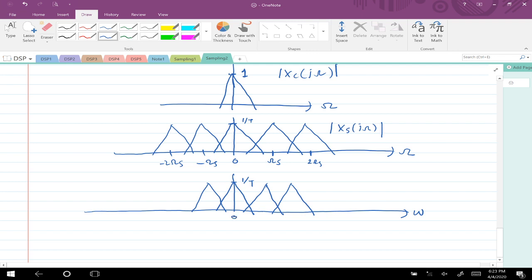So this is, for example, your 0, 2 pi. If you want, this value would be equal to omega n times T. Then this is 4 pi and so on. This is minus 2 pi, and let me draw one more for the sake of completion, which would be minus 4 pi, and the same thing continues here, and that would give you X of e power j omega. Okay, that's all for now.